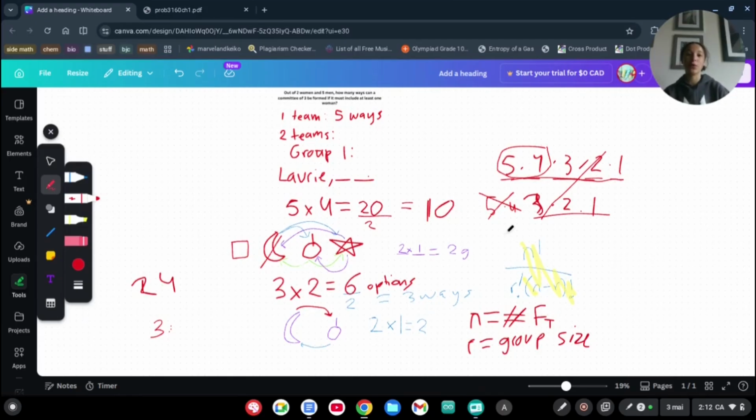I only have those 4 people. They can't make a group of anything else, right? Because the r factorial is all about considering how many ways can I organize the people in this group size. So the number of people is the size of the group.